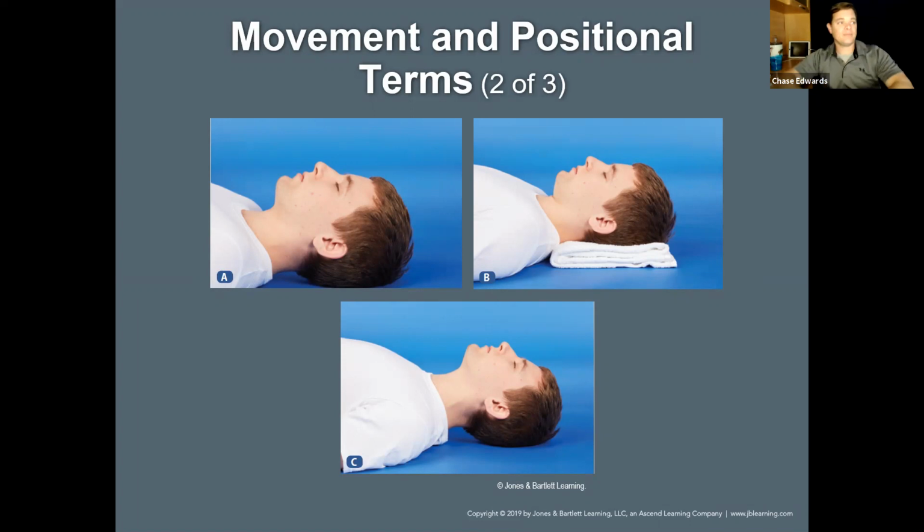All right. So the next is movement and positional terms. So this here is going to show you the positions of the neck a patient is found in a supine position. All right. So neutral. See, all flat across here, right?